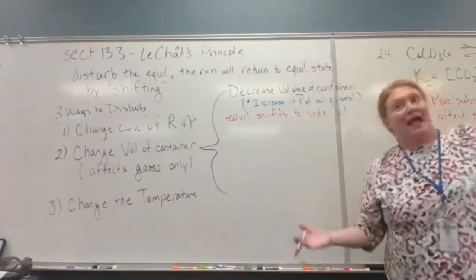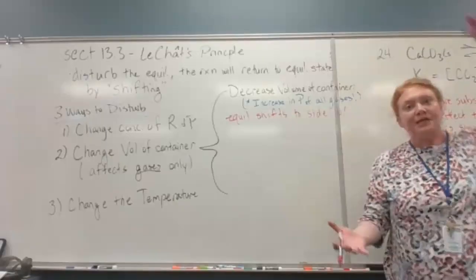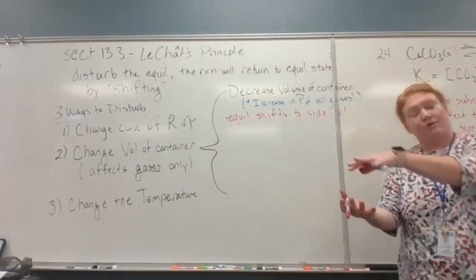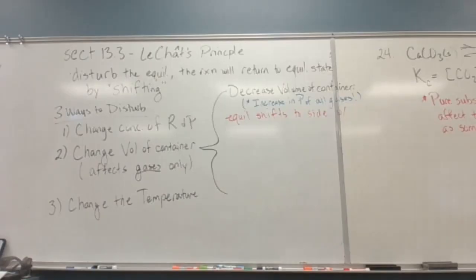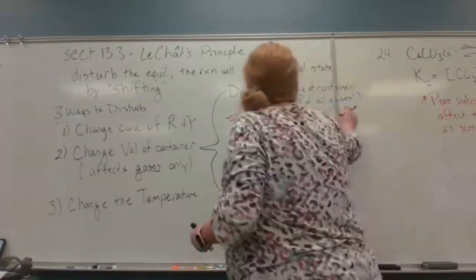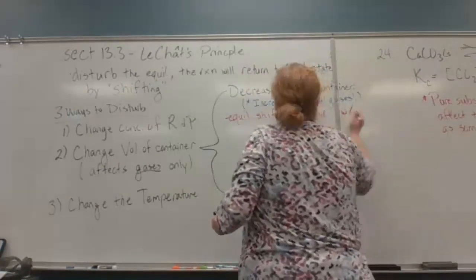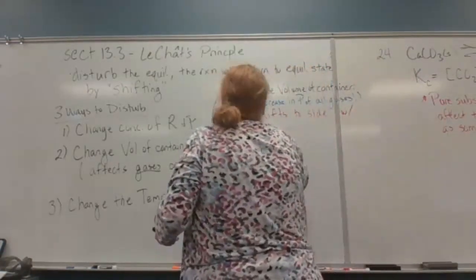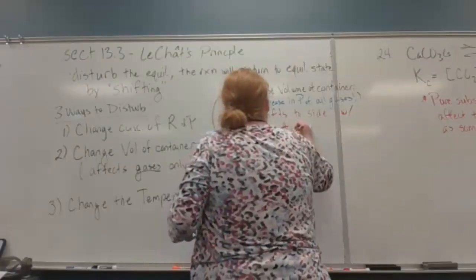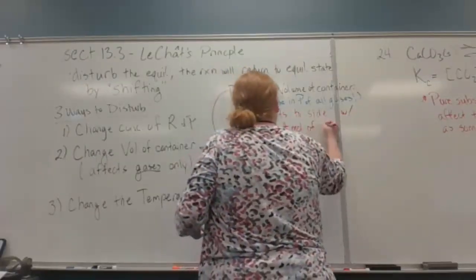It's trying to counterbalance. I manually increased the pressure in here. The reaction's like, well, let me back off to the side that has less gas so I don't explode. It shifts to the side with the fewer number of moles of gas.